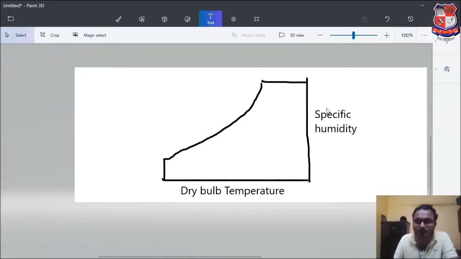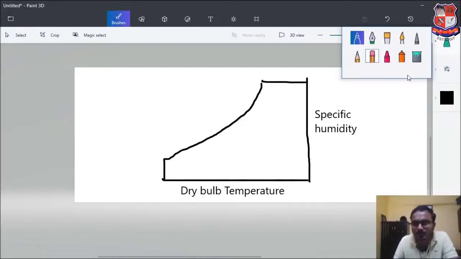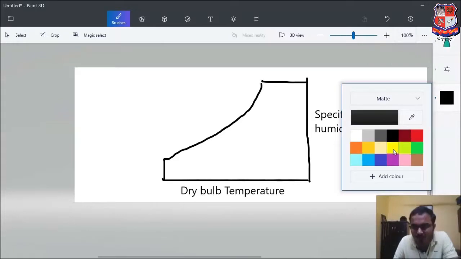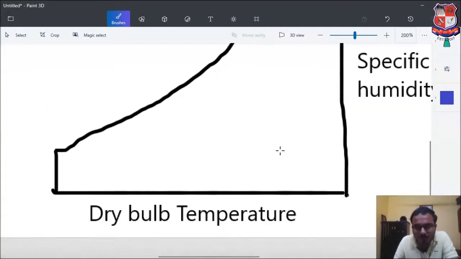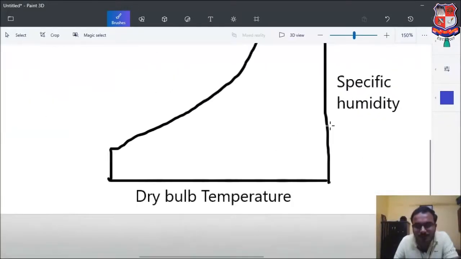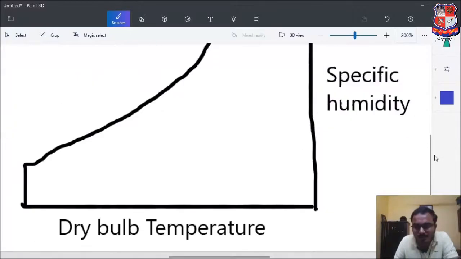Then we will study various processes one by one. So let's begin. First of all, we will try to study sensible heating and sensible cooling.